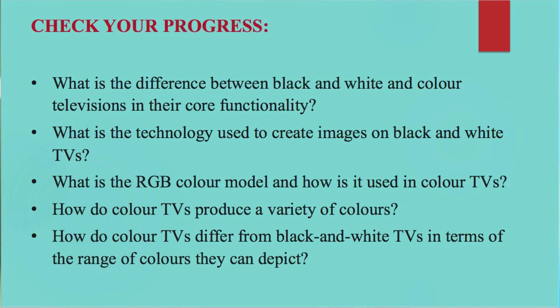Next, what is the technology used to create images on black and white TVs? Next, what is the RGB color model and how is it used in color TVs? Next, how do color TVs produce a variety of colors? Next, how do color TVs differ from black and white TVs in terms of the range of colors they can depict?